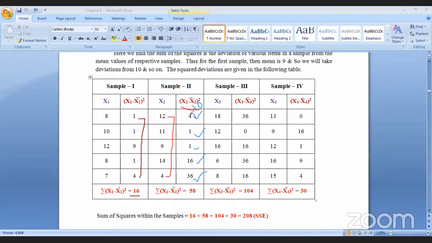All these values we need to add. Finally we will get 58.